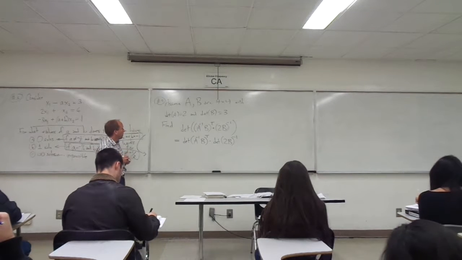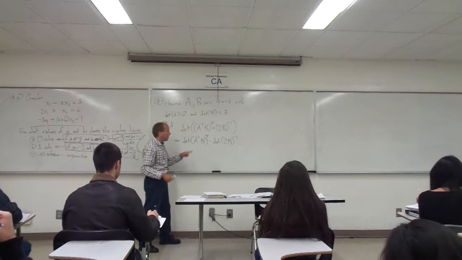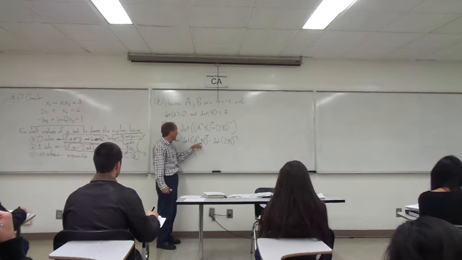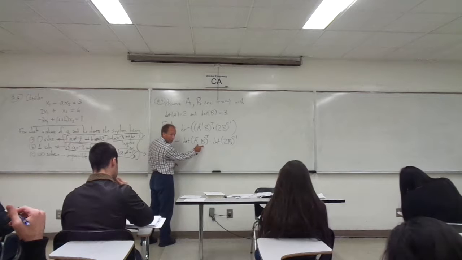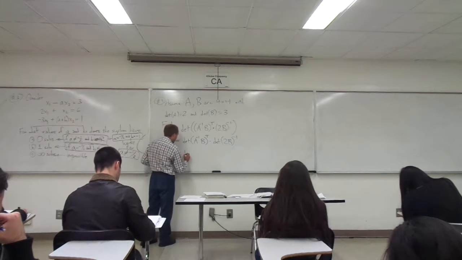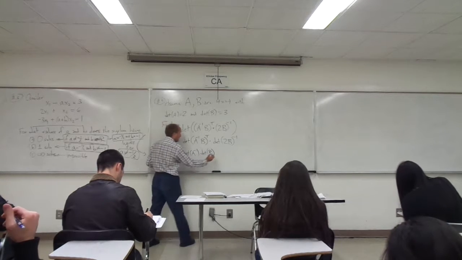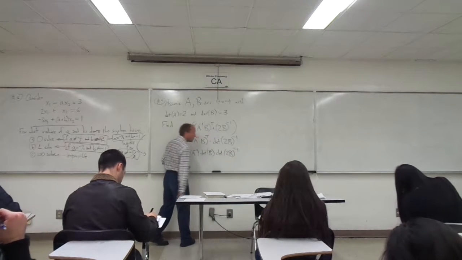Okay? And you guys already told me that the transpose doesn't do anything to the determinant. And here's another product, a product within the product. So I could think of that one as the determinant of A inverse times the determinant of B times the determinant of 2B inverse. Right?